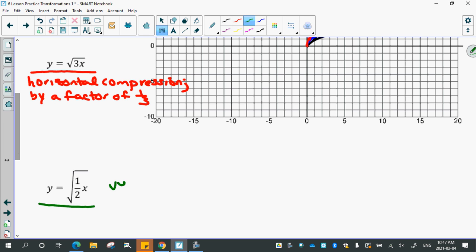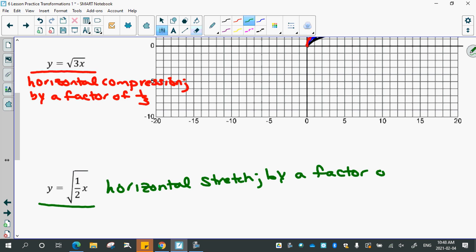This is a horizontal stretch by a factor of 2. So I'm going to double my original overs. So the horizontal stretch does double the overs.